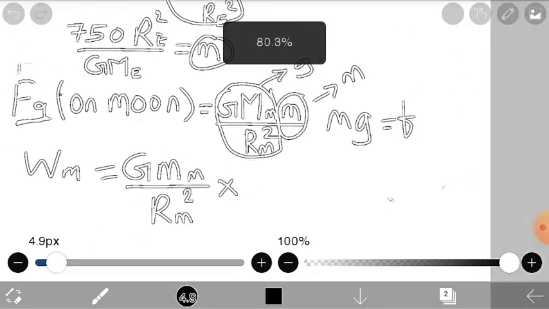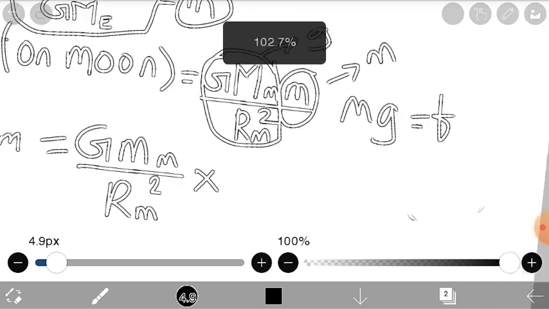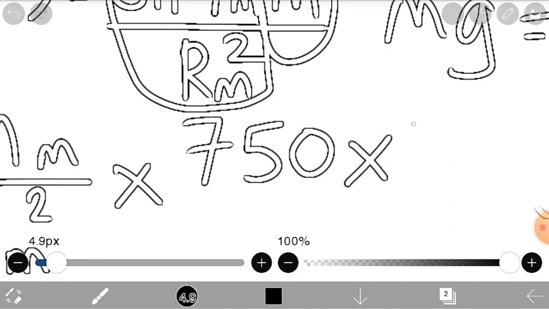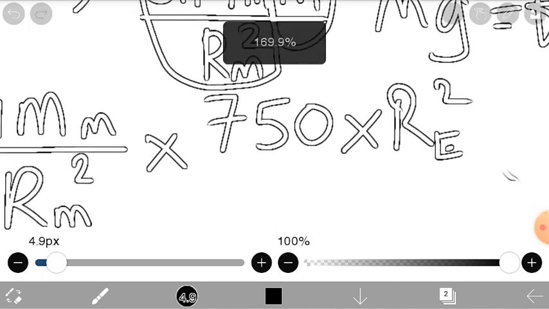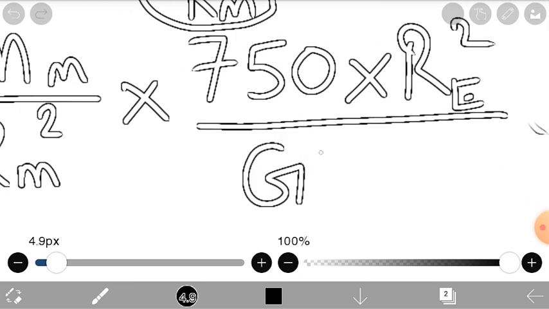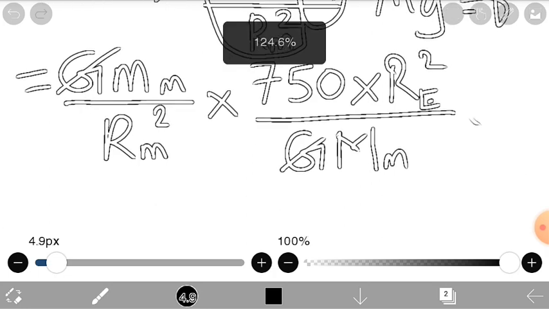Instead of writing m, we can write this 750 into this value of m. So what is that value? That value is 750 into radius of earth square upon g and mass of moon. So here g and this g will be cancelled.